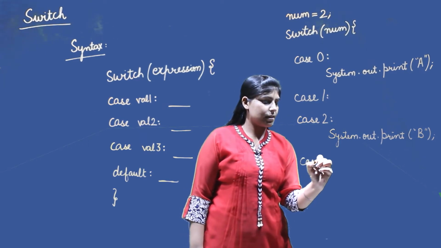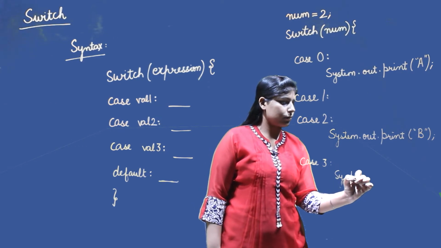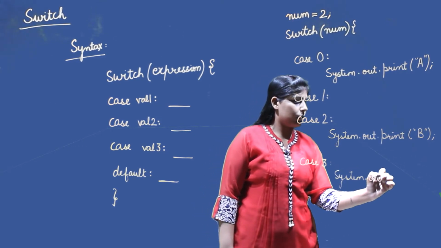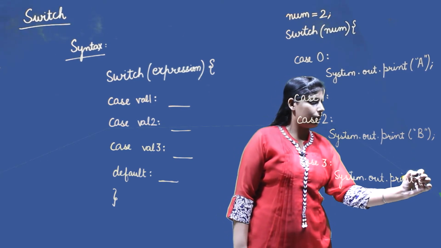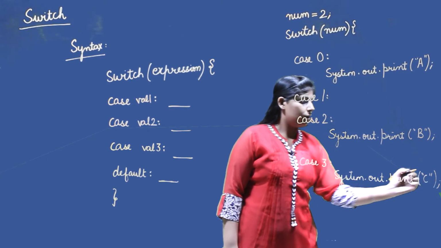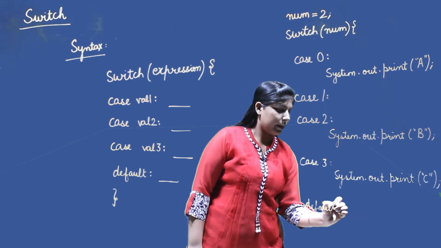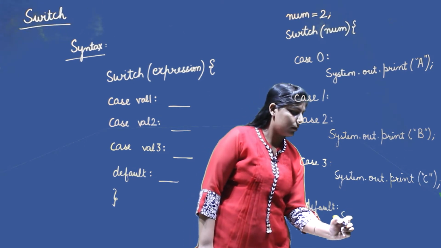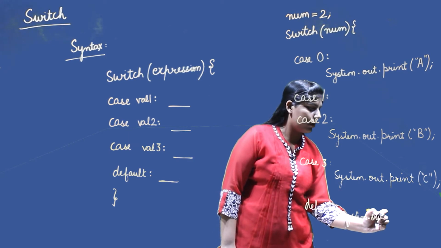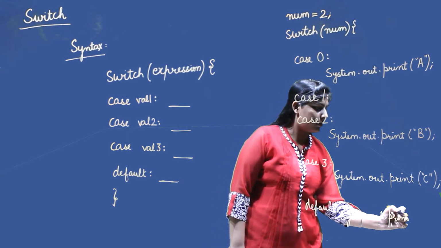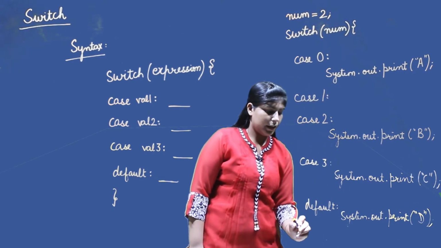Then I have case 3, system.out.print c, and in the default I can have system.out.print d, and I close the switch block.